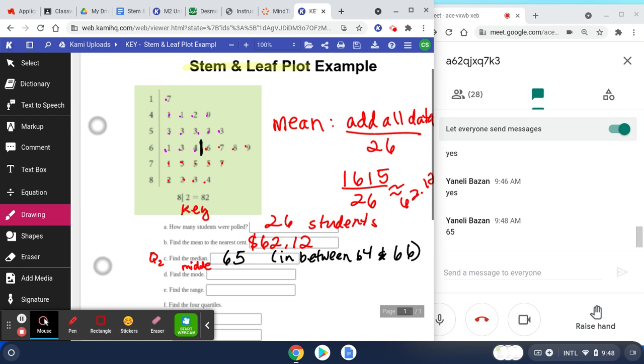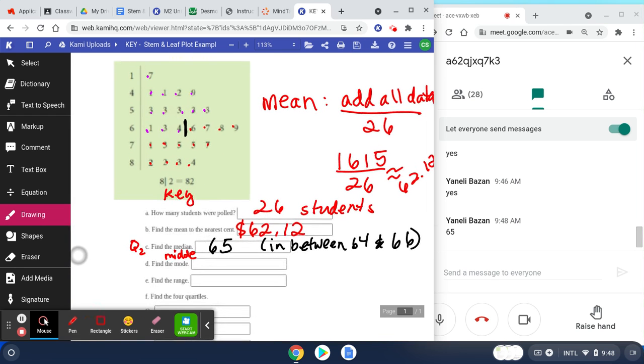Okay. Mode means most often occurring. Which one is happening the most? Who can type in the chat? Oh, Alexander. So to find the middle, I know there's 26 pieces of data. What is the middle of 26 things, in between the 13th thing?